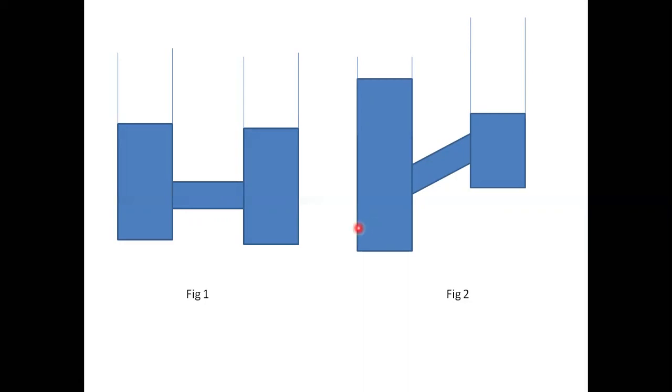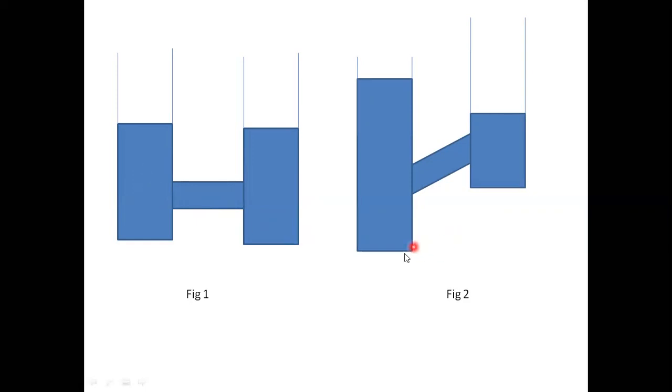Now if you see figure 1, these two containers are at the same height from the base. Since they are at the same height, the potential energy for this container and for this container is the same. Since they have the same potential energy, there is no flow of liquid from this container to this container.